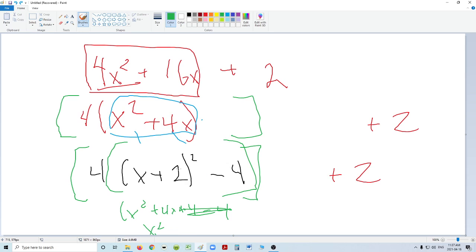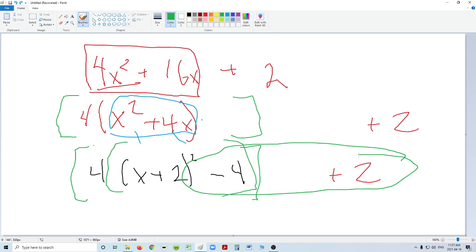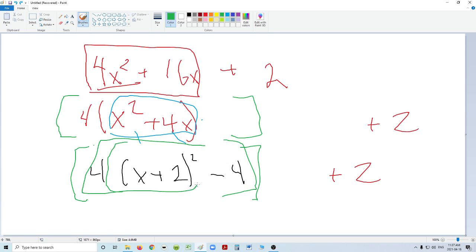Now there's a second problem, and that is that this whole thing is being multiplied by 4. So if I'm going to create a nice balanced y number outside of these green brackets, I'll just keep this here, but this 4 will distribute to the minus 4 to kick it out of the brackets. So what's 4 times minus 4?